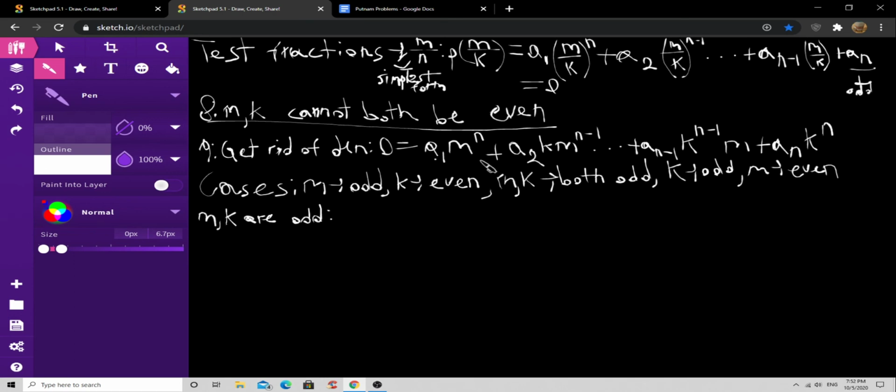So if m and k are both odd, and we have an odd number of odd coefficients, so we know that m to the something times k to the something, if these are both odd, this will always be odd.